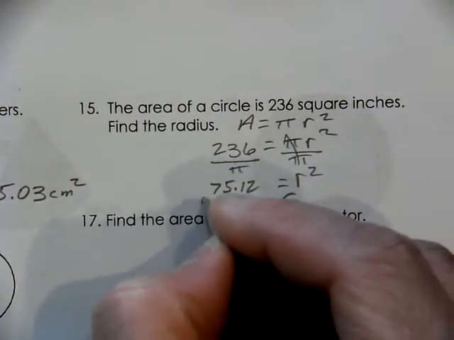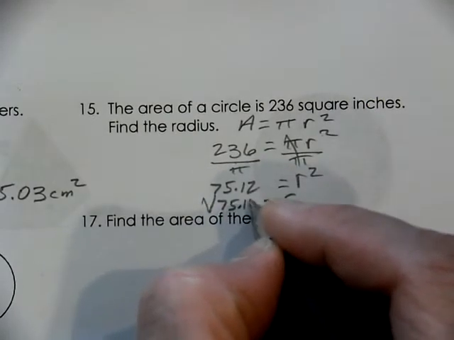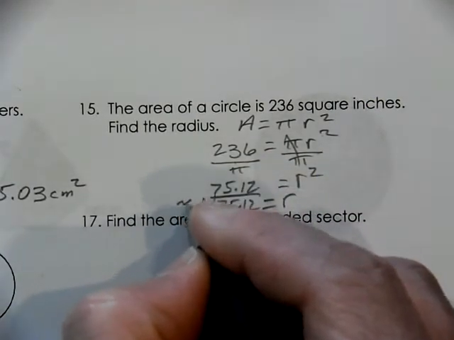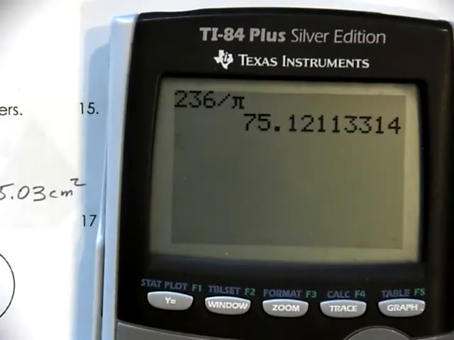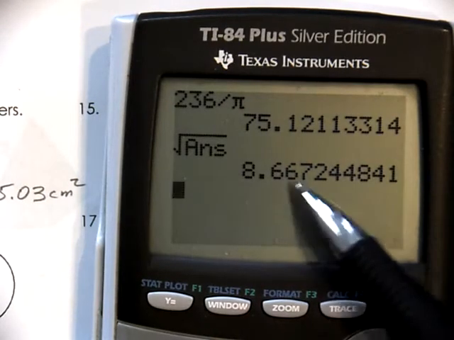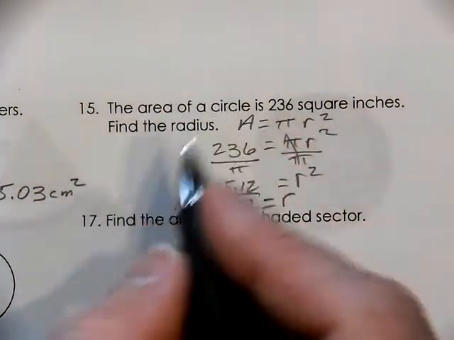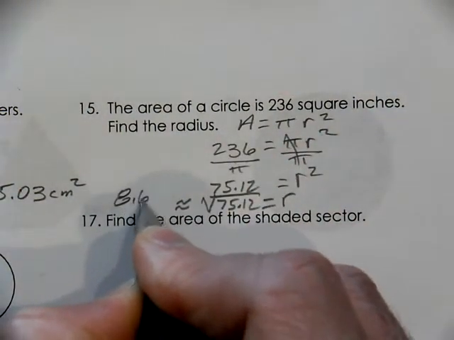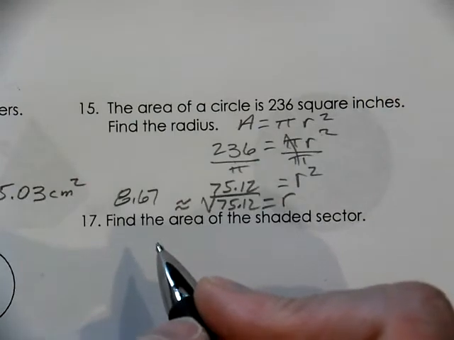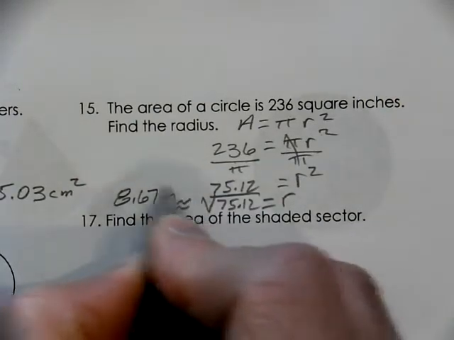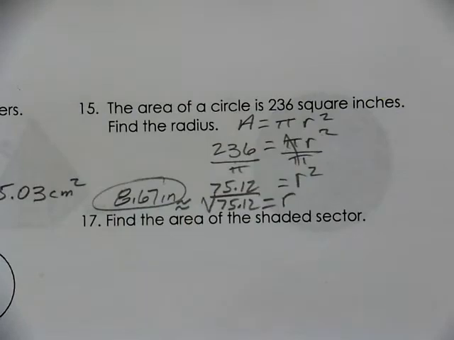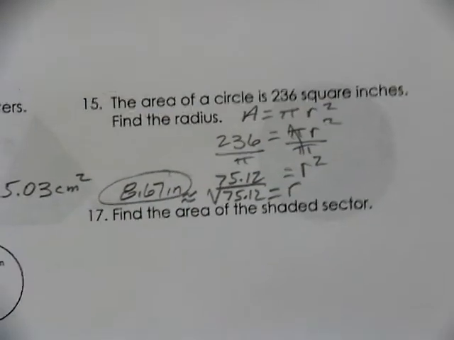And then we take the square root of 75.12, and that gives us an approximated answer. If you want to be exact, don't round your values. Now you can round your values, 8.67. And these would be inches, not square inches, because it's a length, it's a radius.